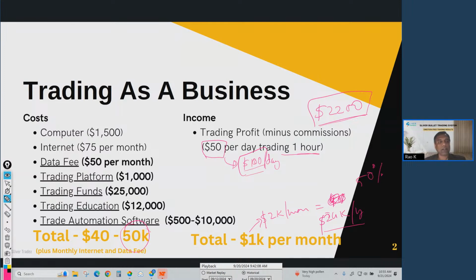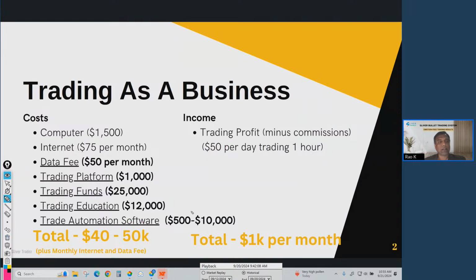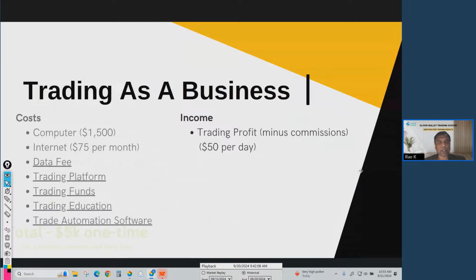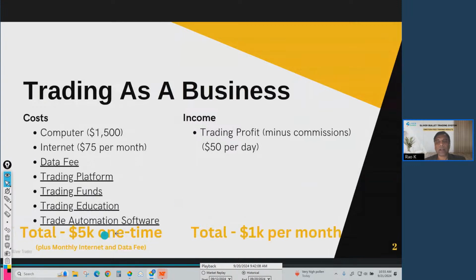All right. Let's look at the numbers. As I had promised, we are going to reduce these numbers to 1/10. That is 5K of investment, and since I had assumed $100 per day, this becomes 2K per month.